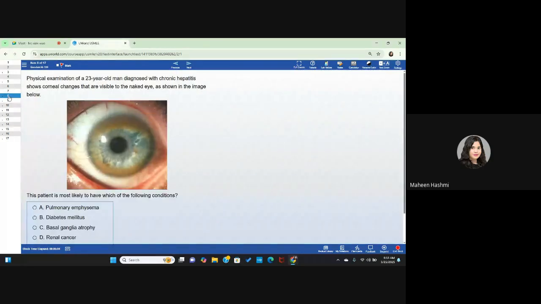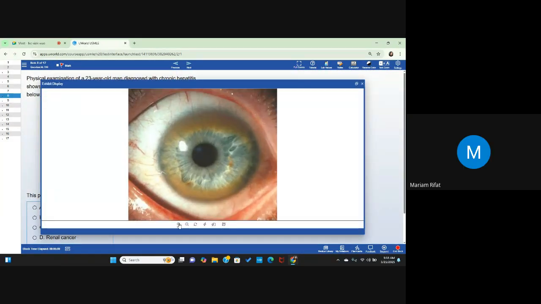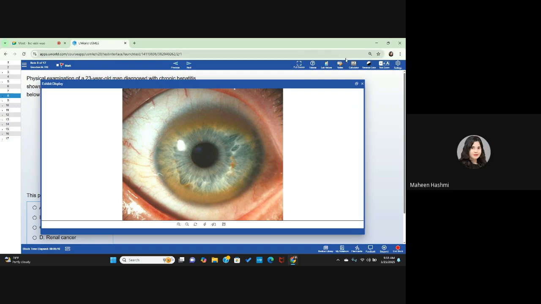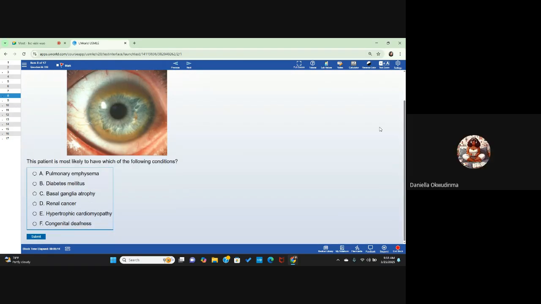All right, so what is this? A Kayser-Fleischer ring. Very good. Where do you see them? In Wilson's disease. These are very easy questions. Which of the following conditions will the patient have? Basal ganglia atrophy.